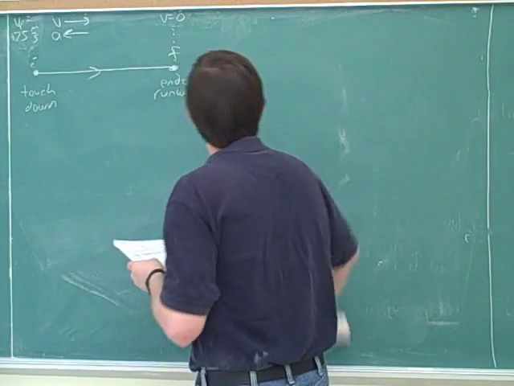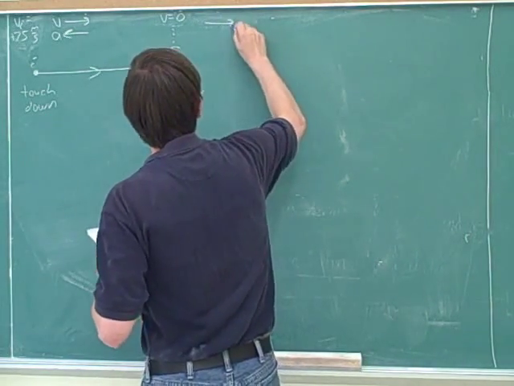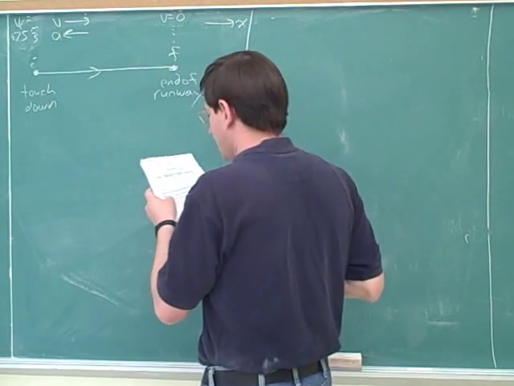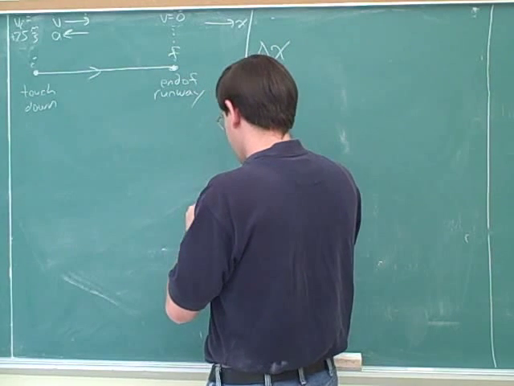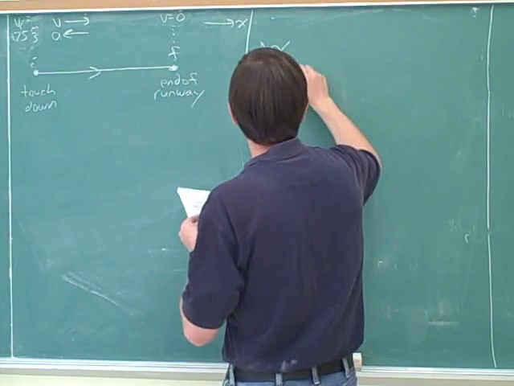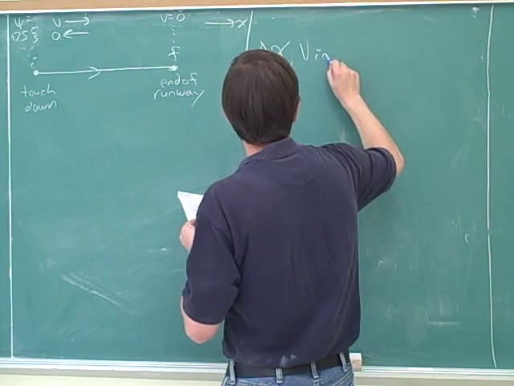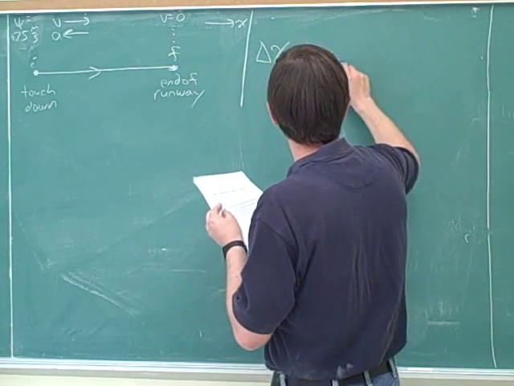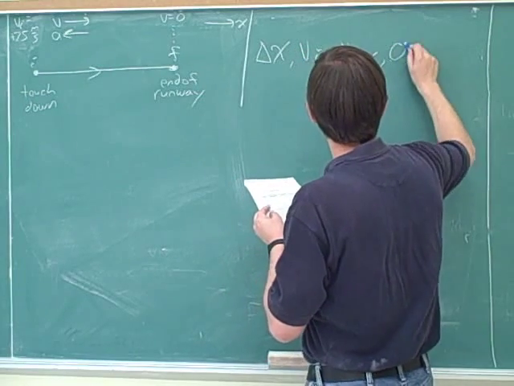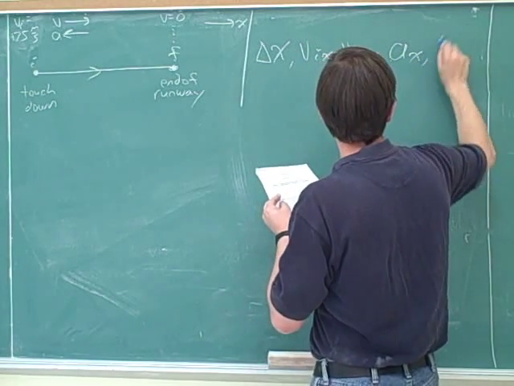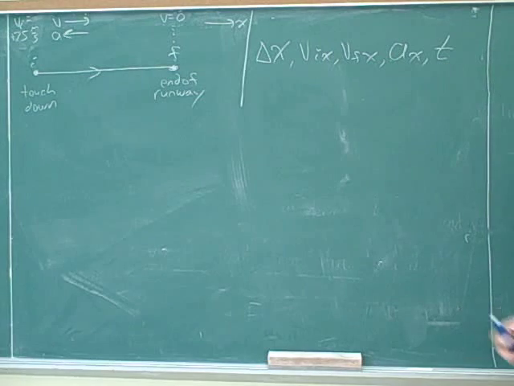So what are our variables? They are delta x, v initial x, v final x, a sub x, and t.